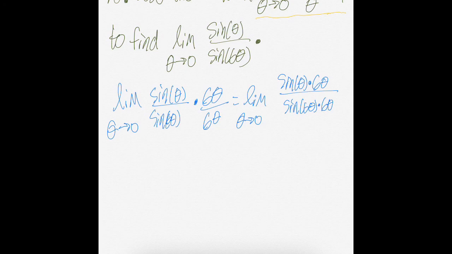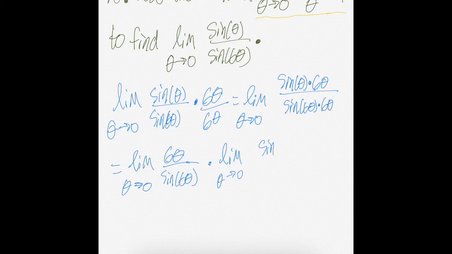And this, I can break up because limits are super nice, you'll recall. So I can split this up into the limit as theta approaches 0 of 6 theta over sine 6 theta, times the limit as theta approaches 0 of sine theta over 6 theta.